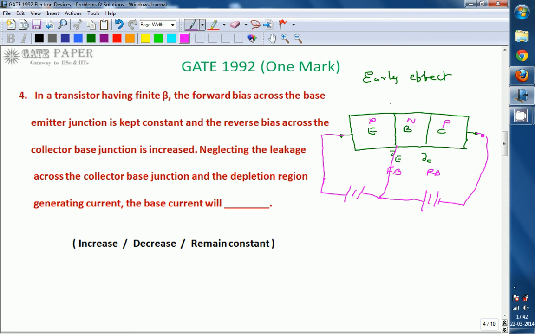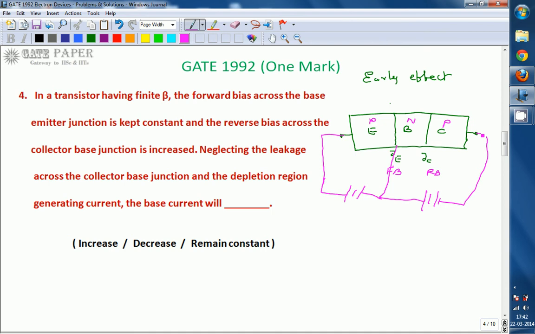But we know that under reverse bias, the potential barrier width increases. Potential barrier width under reverse bias is going to be very large, and the penetration of the potential barrier is going to be more into the lightly doped side, whereas it is very small into the heavily doped side.